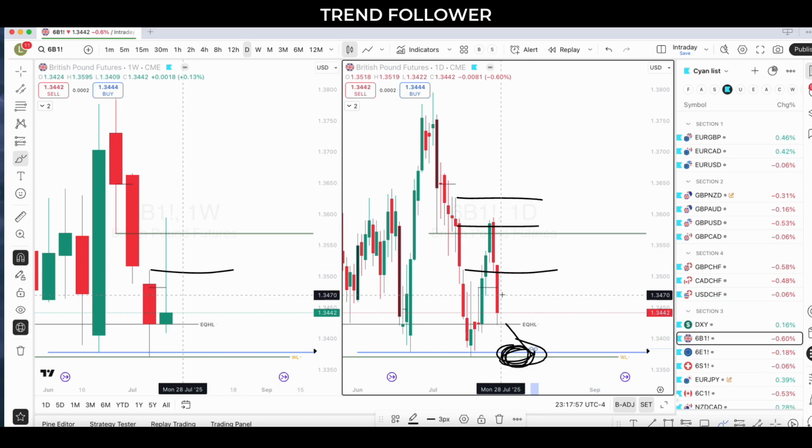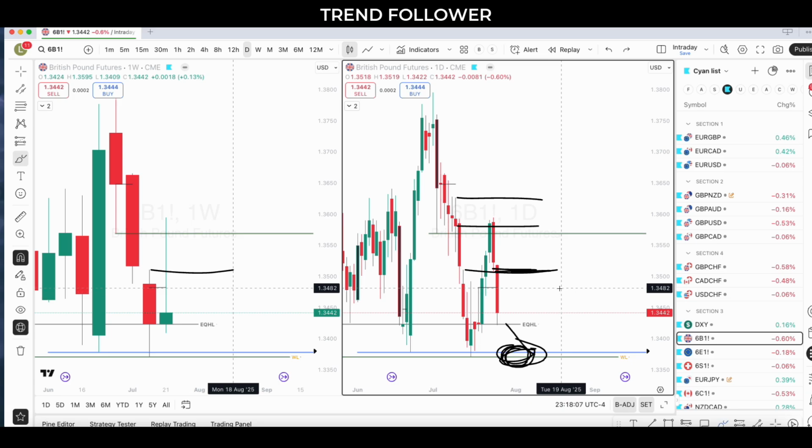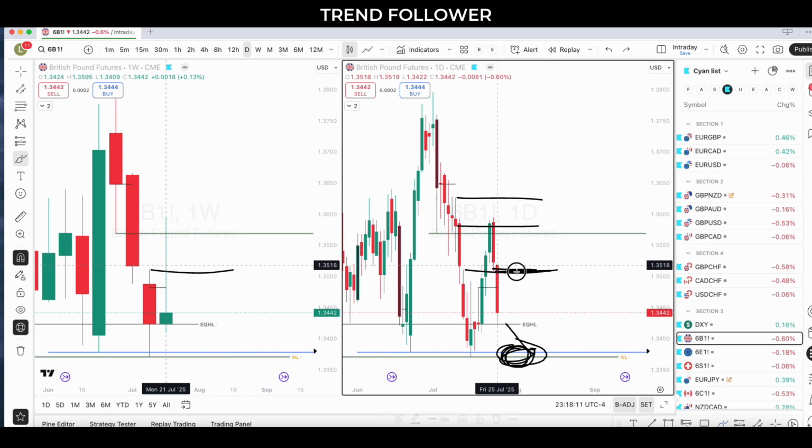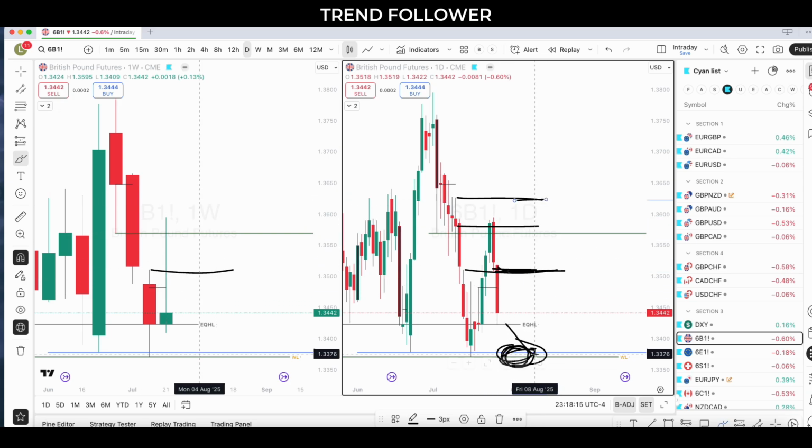Now, if it comes here on the first candle of the week, not weekend as in Sunday, Monday, that's where I will focus on shorting GBP names, and we'll go into that too. So my area of interest is here to short, right, and here, not here, sorry, here to long, right.